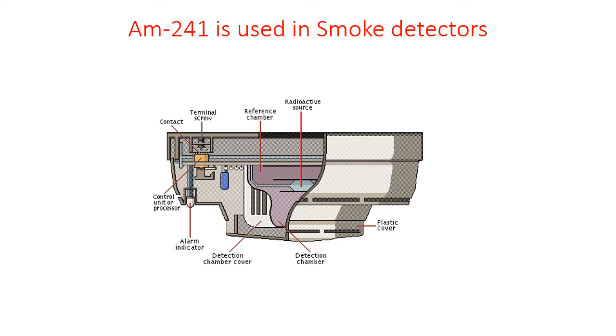If smoke fills that space, the alpha particles cannot pass through the smoke. They get reflected by the smoke. And therefore, the detector does not receive the alpha radiation, and thus it says that there must be smoke, and thus there may be a fire.